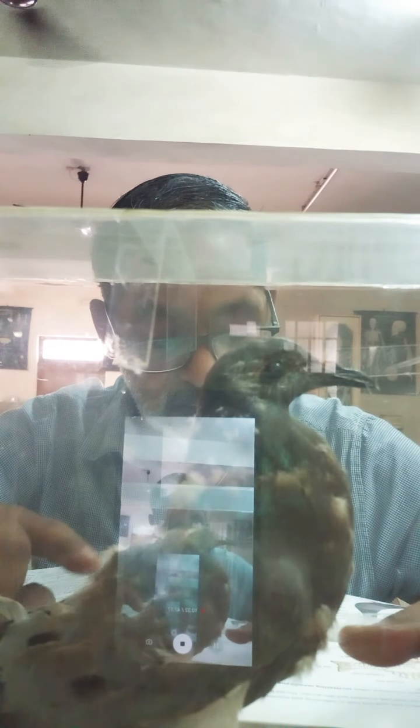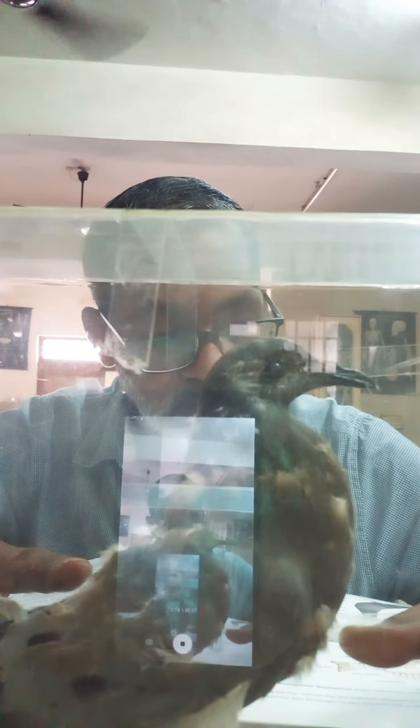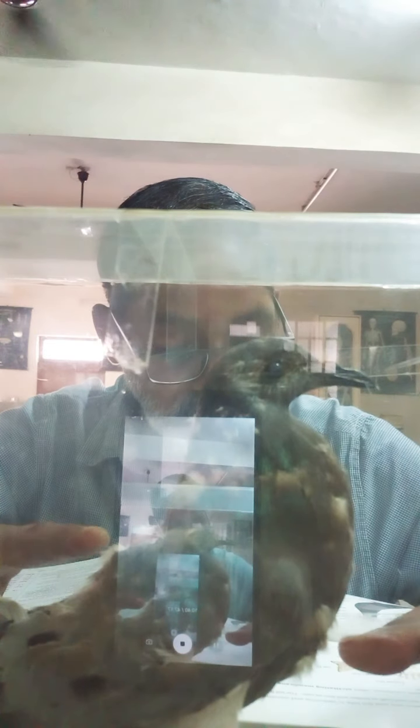The bones are pneumatic bones, meaning the bones are hollow. This reduces its weight. The body is adapted to flight habit. They have sharp eyesight. Air sacs are found attached to lungs.